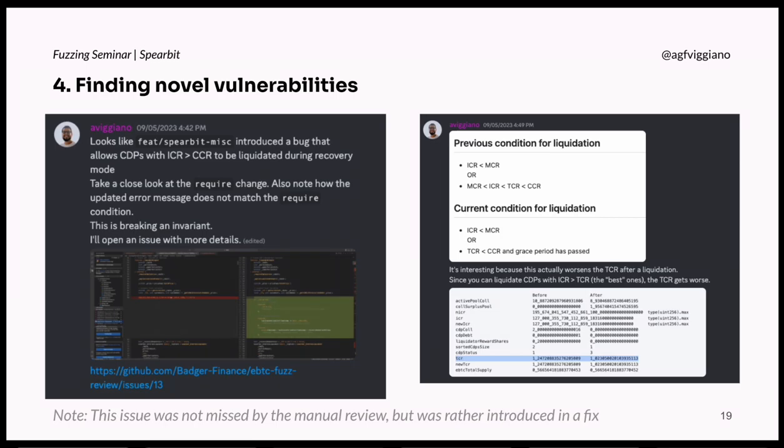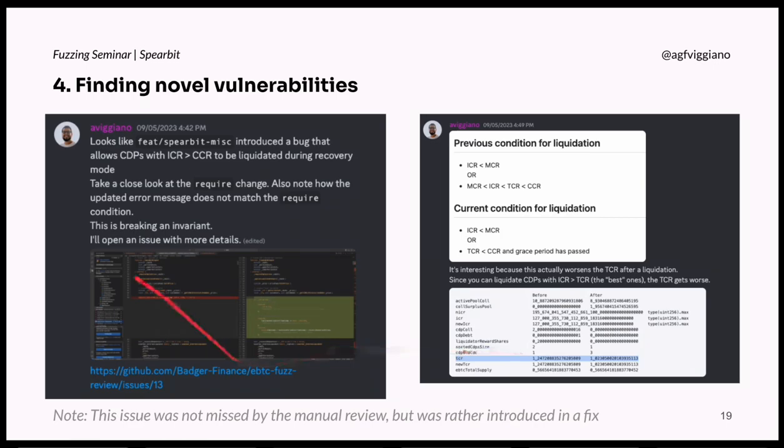And so this is an example where we were able to find it with the invariant tests. And this was actually a very severe bug where you were able to liquidate healthy CDPs. If you can liquidate healthy CDPs, you can basically put a lot of stress into the system, where you can force it to become more and more unhealthy.